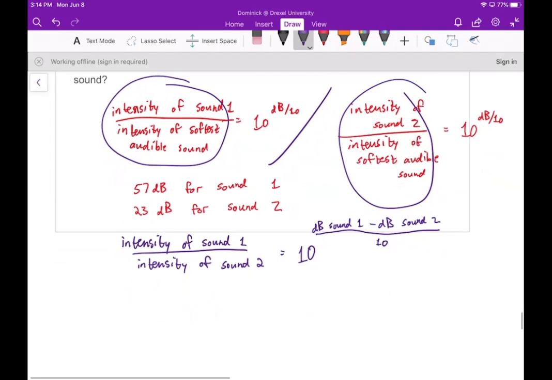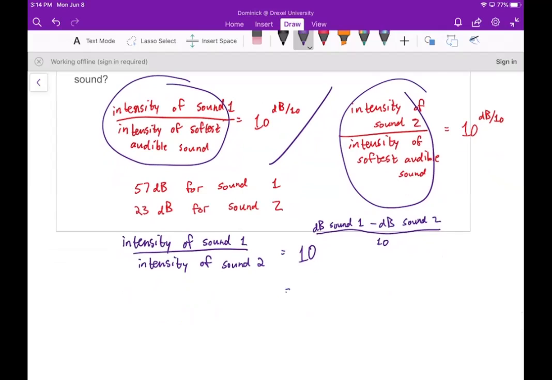So now if we plug this stuff in, our right side is going to be 10 to the 57 minus 23 over 10, which of course is going to give us 10 to the 34 over 10, which if we plug into the calculator is going to give us 2512, right?